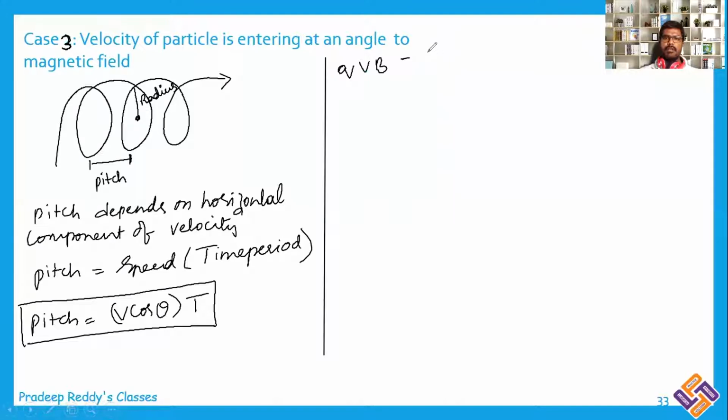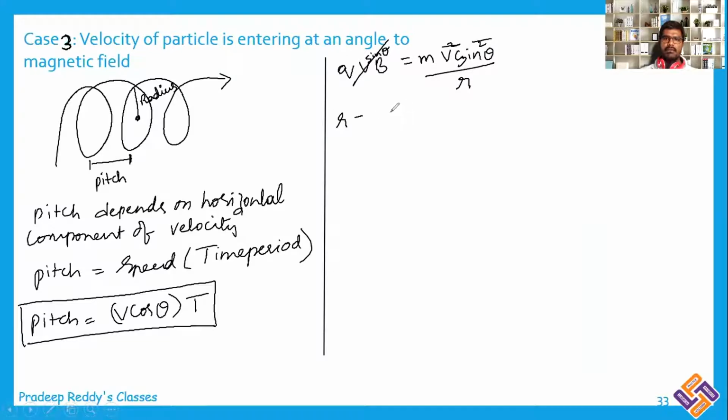Likewise, we know QVB is equal to M into V sin theta, M into V square into sin square theta divided by R, and here also it will be V sin theta, right? This V sin theta and this V sin theta get cancelled.